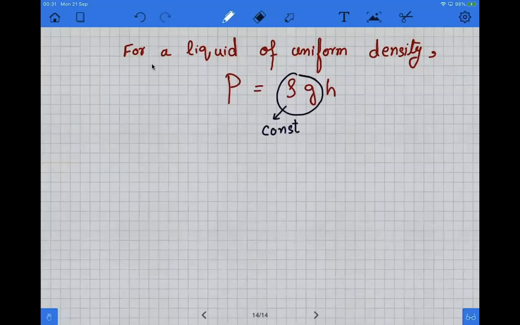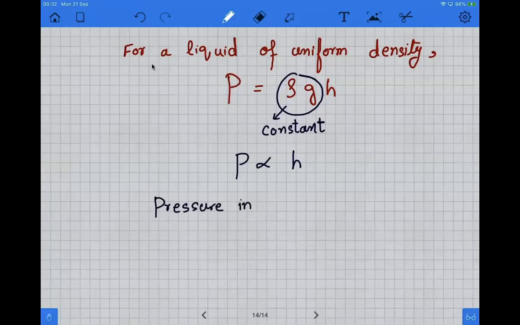Rho is constant, it's a uniform density, and G is acceleration due to gravity. For small depths or heights, it is taken to be constant. So pressure in a liquid is depth dependent.